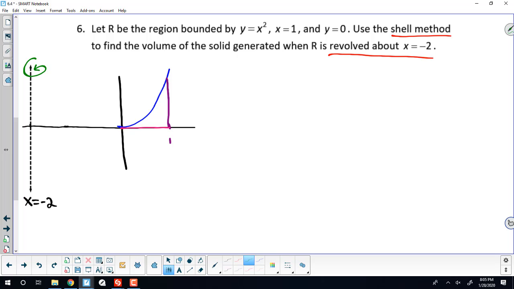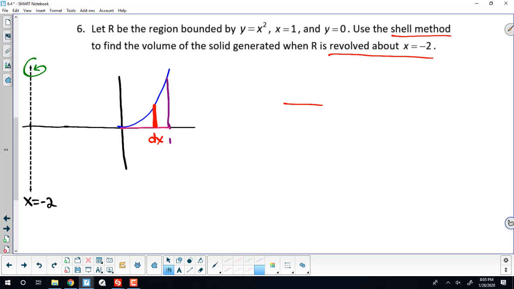Okay, so shell method, axis of revolution, shells are parallel to our axis of revolution. Our shells are running like this, integrating with respect to x. So that rectangle I've drawn here for my shell, whether I revolve around another axis or not, is always the height of the shell.